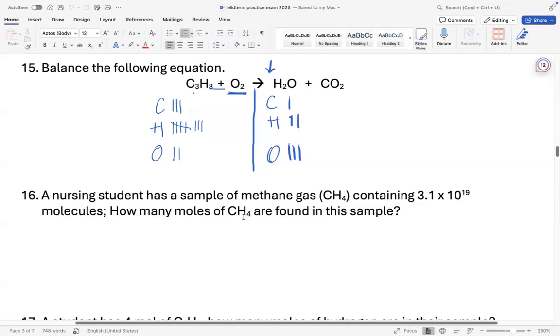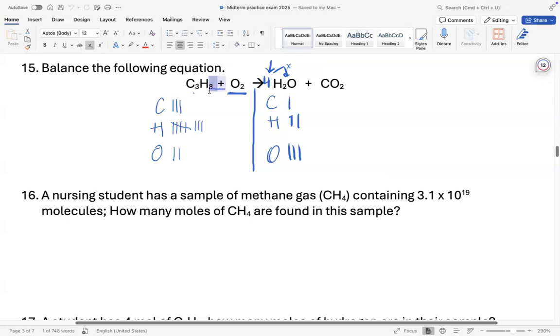What even number should I put outside of H2O? I could put 2, 4, 6, 8, whatever. I'm leaning towards 4, because 4 times 2 is 8, which is how many hydrogens we have on this side.